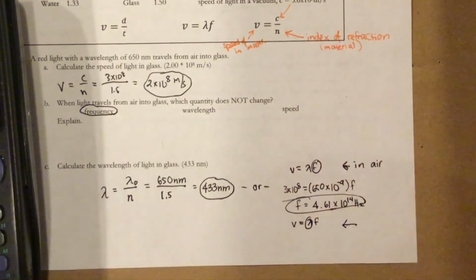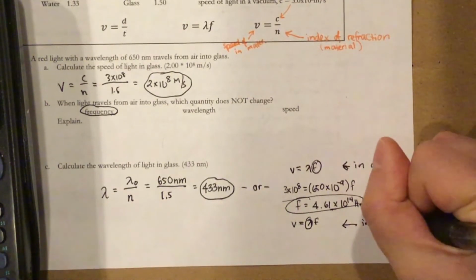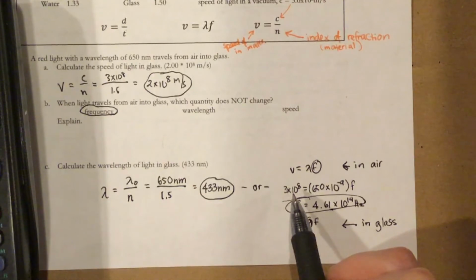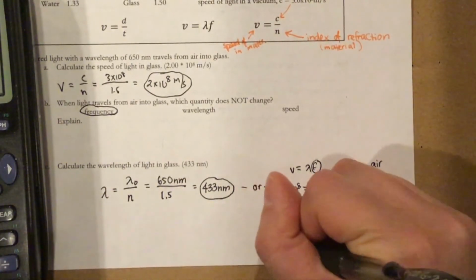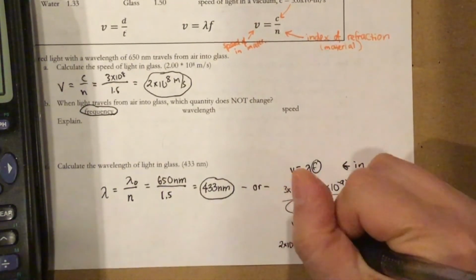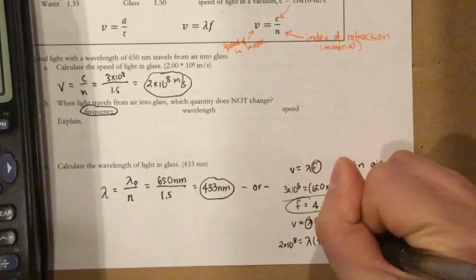In air, I find the frequency. Now I repeat this in glass, substituting in the new speed. In air, the speed was 3 times 10 to the 8th. In glass, the speed was 2 times 10 to the 8th. The frequency stayed the same, so that's 4.61 times 10 to the 14th.